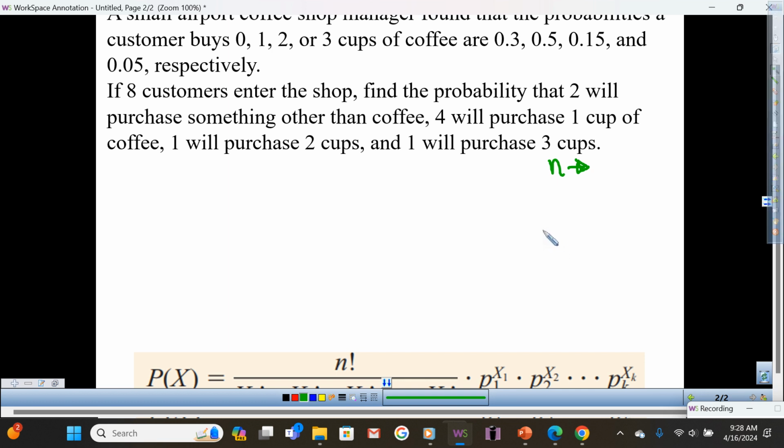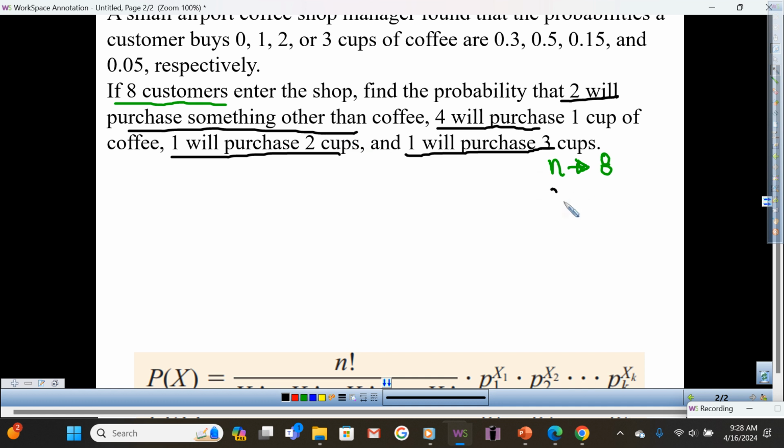So, what is our n, everyone? Yeah, that is correct. 8 customers, so that is 8. And then this time we have how many different types? We have 1, 2, 3, and 4. 4 different x's.